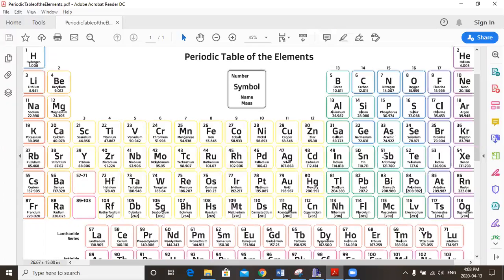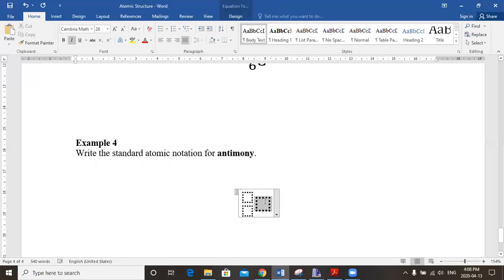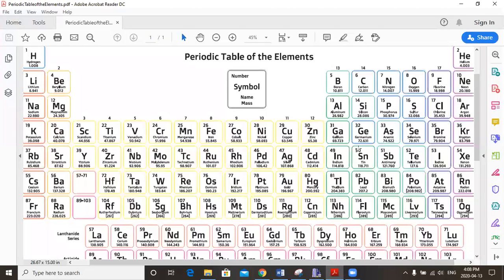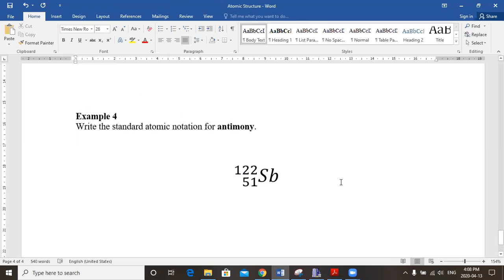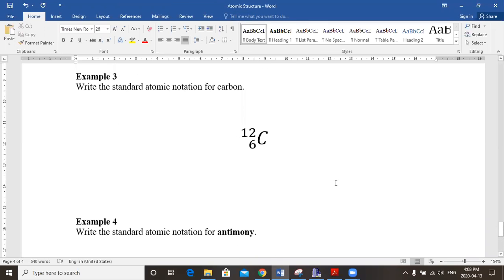Antimony, the symbol is Sb, and the atomic number is 51. So capital S, little b, and the atomic number is 51. And we look at the rounded mass number. It's 121.76, so that would round up to 122. And that is how we write standard atomic notation.